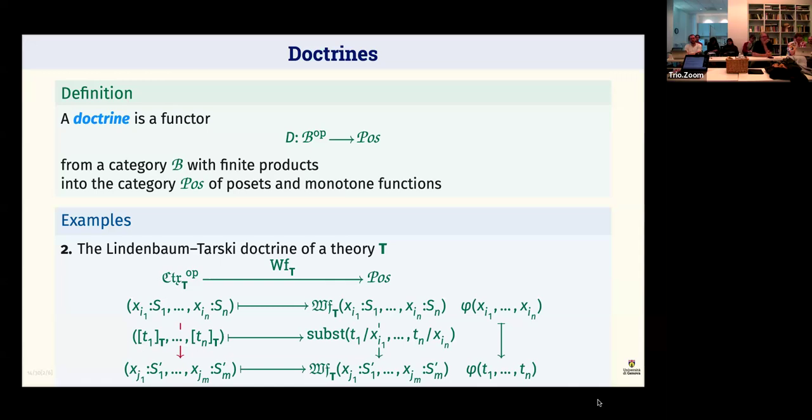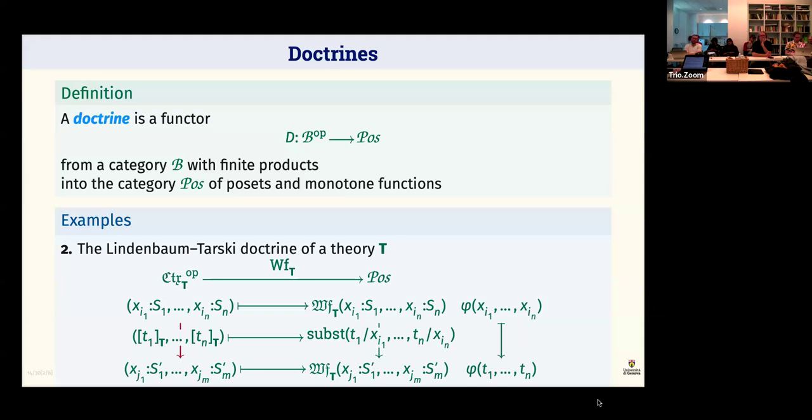Okay, in fact, let me check. It has n equivalence classes, and in fact, there are n variables there, and there are m variables here instead. In fact, those terms are written using these variables in the language of the theory, and there are as many terms as there are sorts in the source. In this case, t1 in that context gives us a term of sort S1, tn a term of sort Sn.